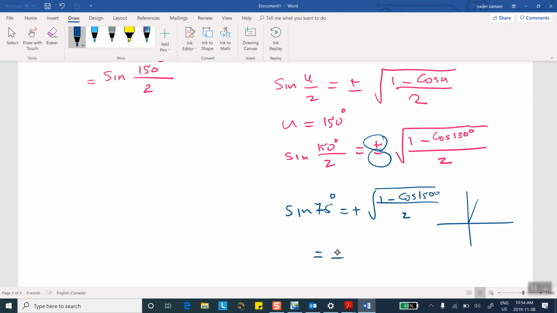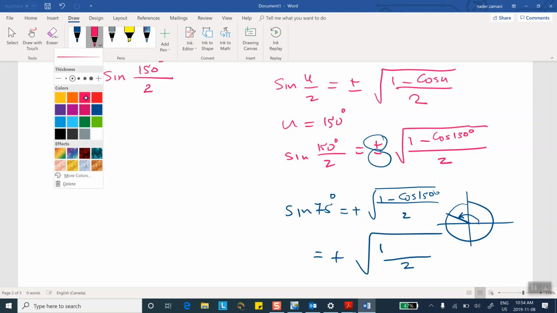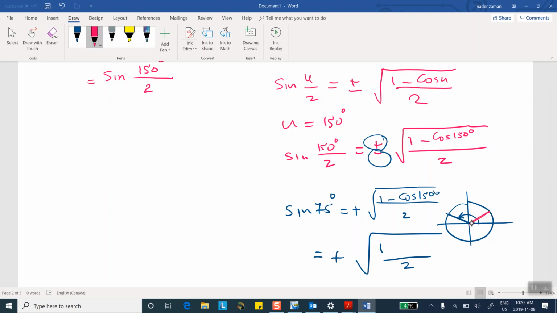And I hope you still remember, you should, that if you have 150 degrees, here's the trig circle. 150 degrees is something like this, right? So the reference angle for it is that, which is 30 degrees.